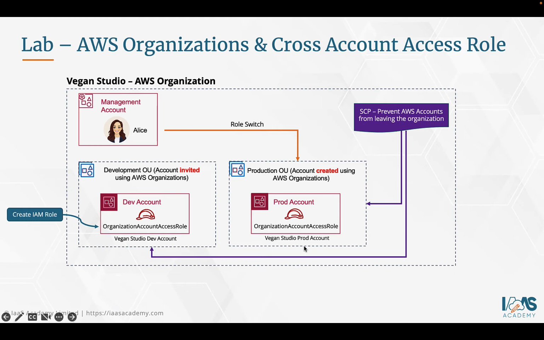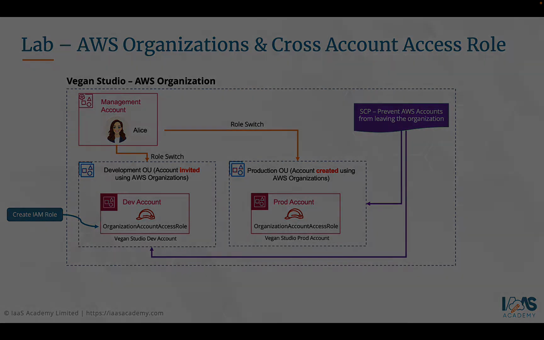And I like to keep the names consistent, with the necessary trust policy for the management account to gain access. And Alice needs to be provided with sufficient permissions to assume that role so that she can do a role switch to access the dev account as well and work in the dev account, building our application. Now that you understand the theory, let's jump on into the AWS Management Console and actually set this up.